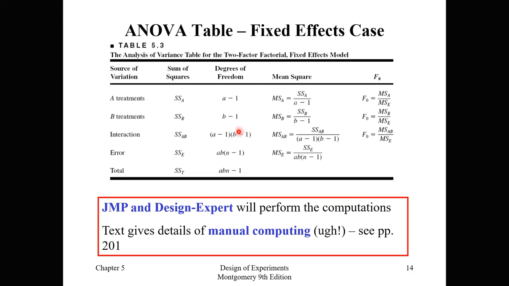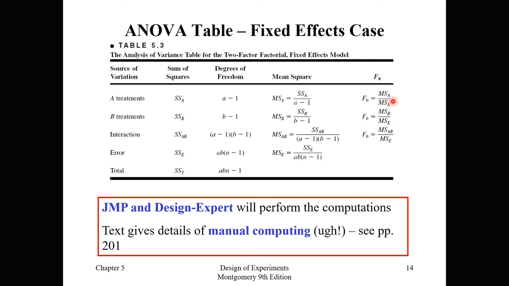Our ANOVA table is going to reflect all the information that we just put in. You've got your sums of squares, and the degrees of freedom that we just talked about. Then we've got the mean squares calculated exactly like they were before. And now we have the statistical test. Remember, previously in randomized complete block design we didn't test the blocking factor, but now we care about this.